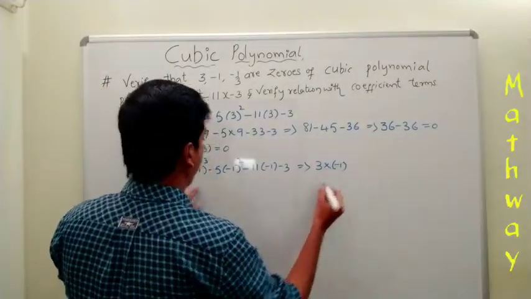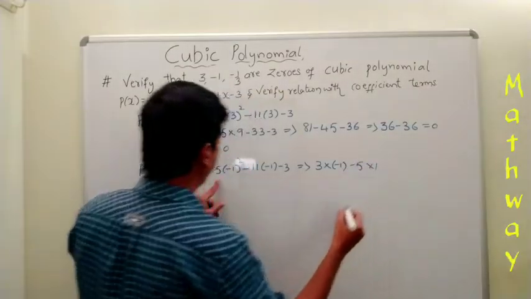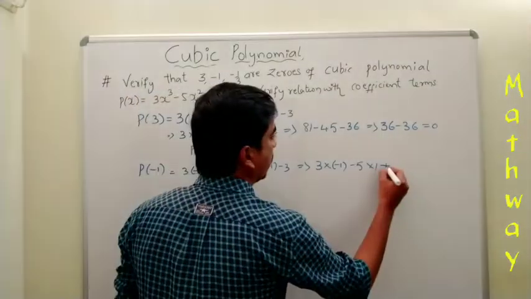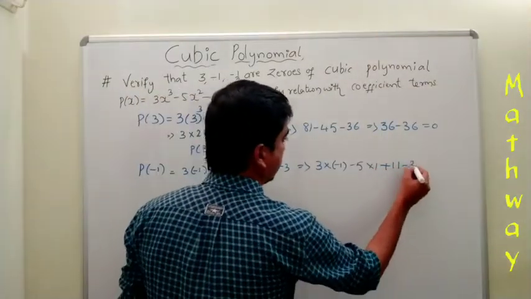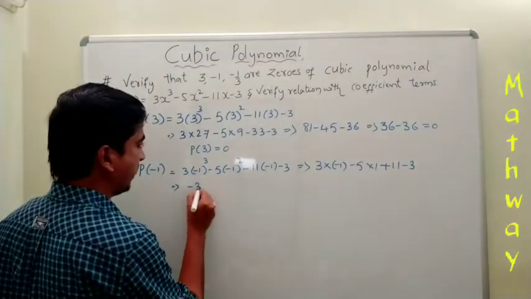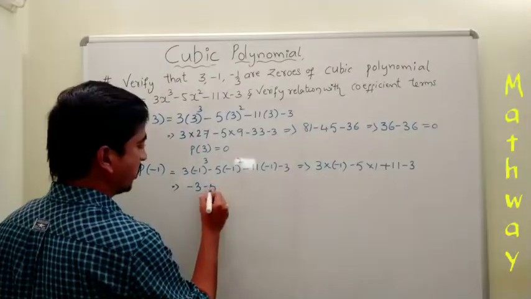So 3 of minus 1 is minus 3. Minus 1 square is plus 1. So 5 into 1, and minus into minus is plus, 11 ones are 11. It is plus 11 minus 3. 3 into minus 1 is minus 3, and minus 5 into 1 is minus 5.